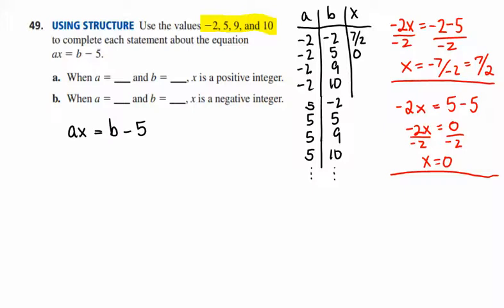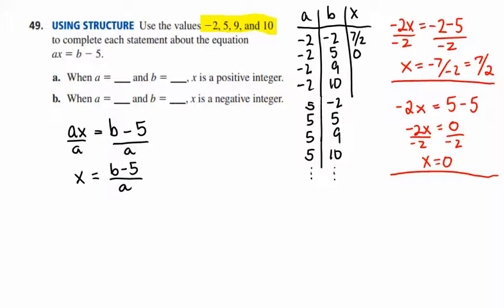Now we would have to continue doing this, trying all of the different possible values, of which there are 16 combinations for A and B. Or we could do something else that might make our life a little bit easier. And that is, I would suggest isolating x so that we have x is equal to b minus 5 over a.